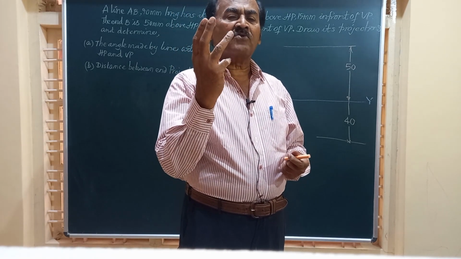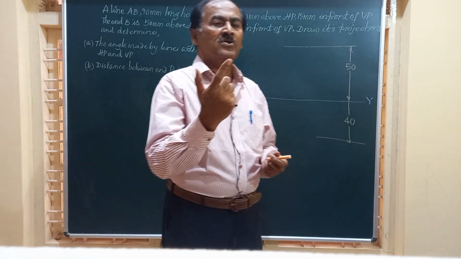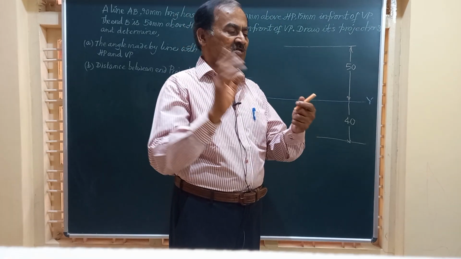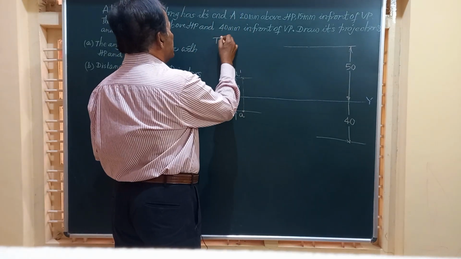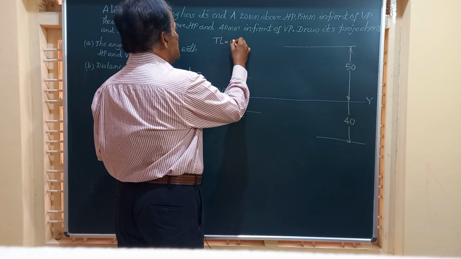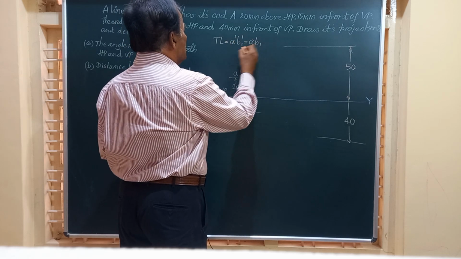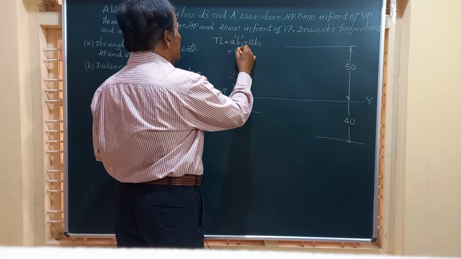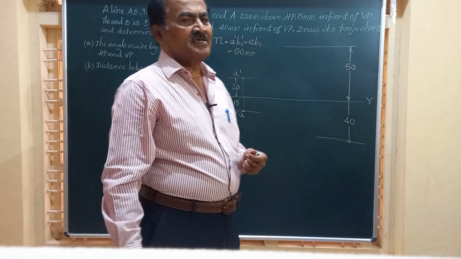One is for the front view, the second for the top view, true length in the front view, and true length in the top view. So all these four we should get. Friends, the true length is represented by, for a line AB, A dash B1 dash, which is equal to AB1, which is equal to true length, and that is given to be 90. Please follow carefully.